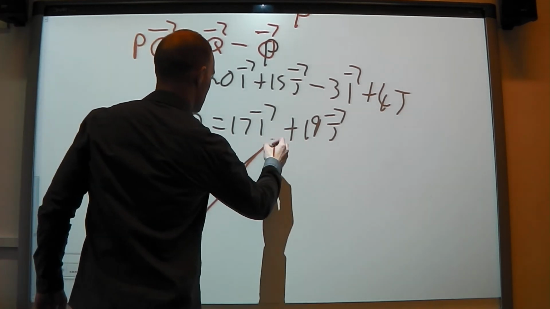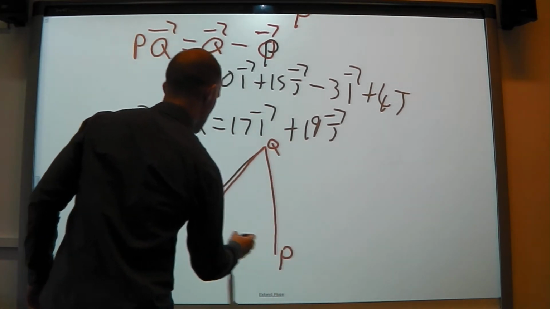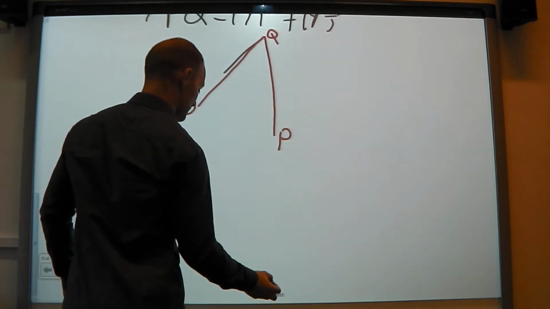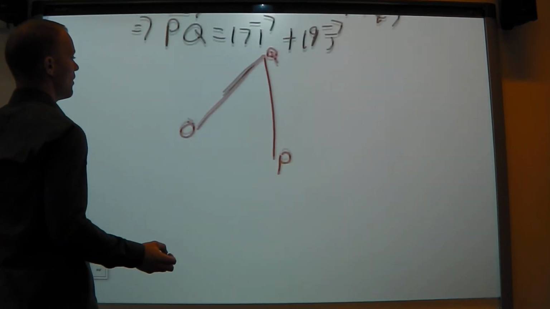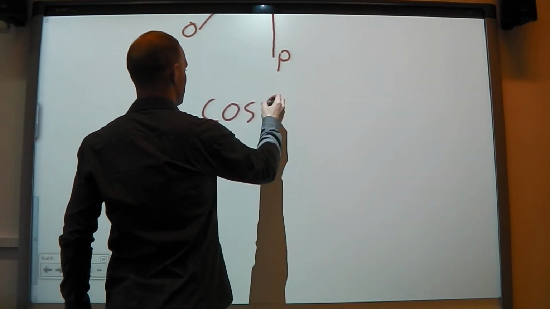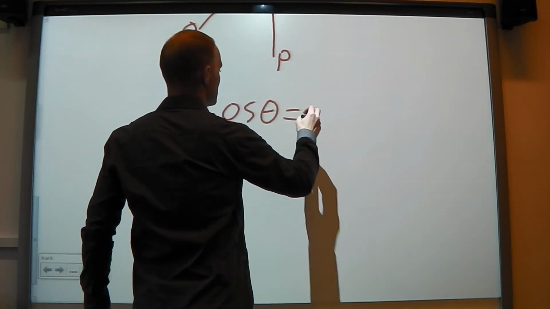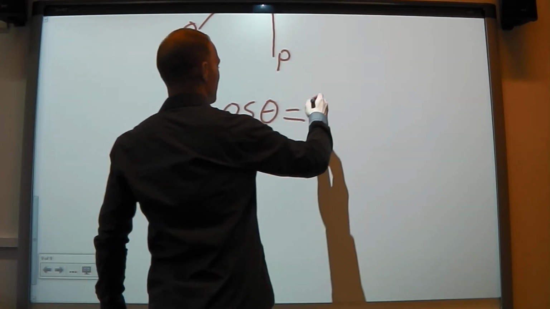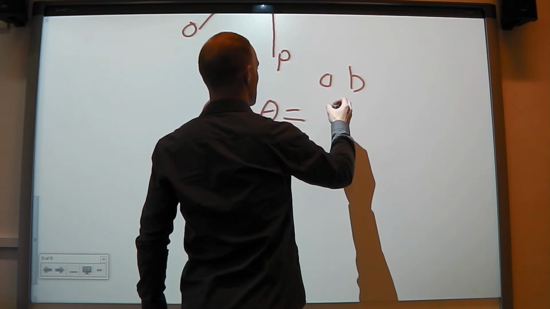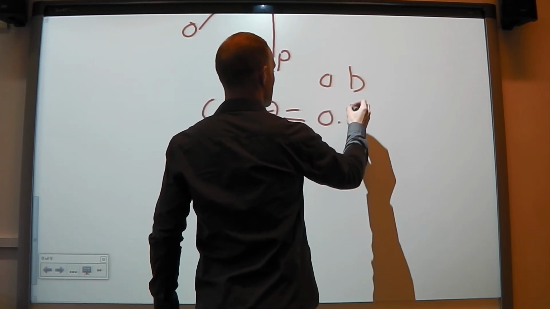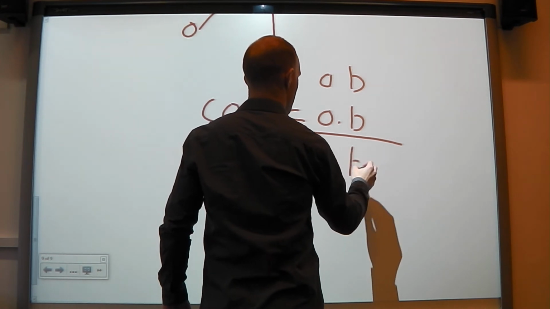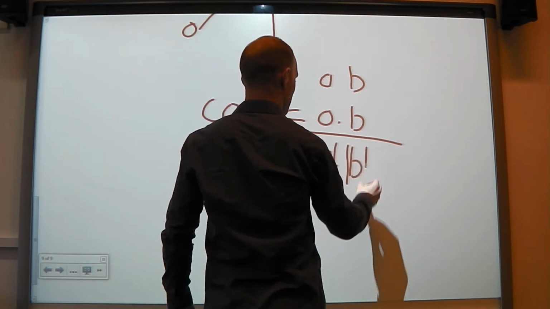So we have one vector here, and we have our other vector here. This is our Q, this is our P, and this is our O. So we have OP, we have QP. Now we just have to remember the formula for the cosine of an angle. We know that cosine theta is equal to, if we have two lines, say alpha and beta, alpha times beta all over the modulus of alpha times the modulus of beta.